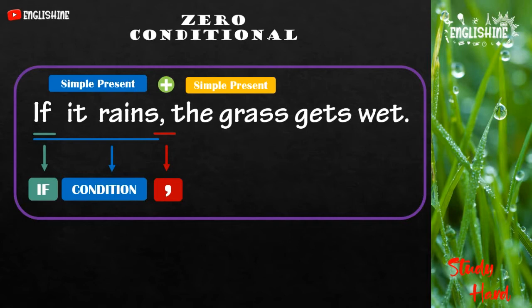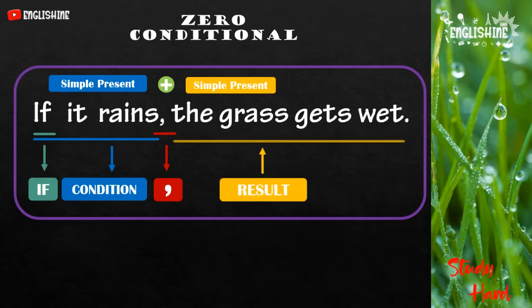What is the result of this if clause? The result is the grass gets wet. Now, this condition, if it rains, always has the same result. The grass gets wet.